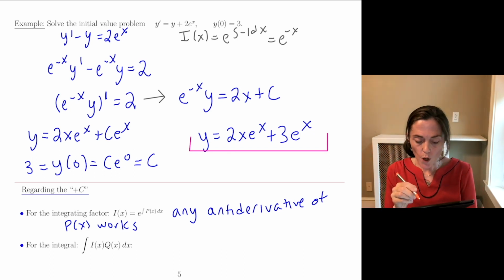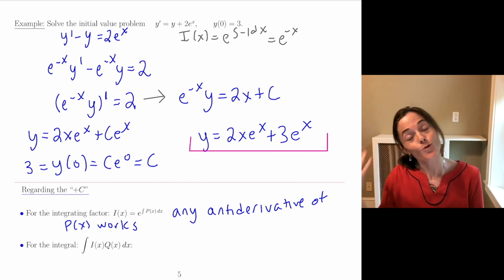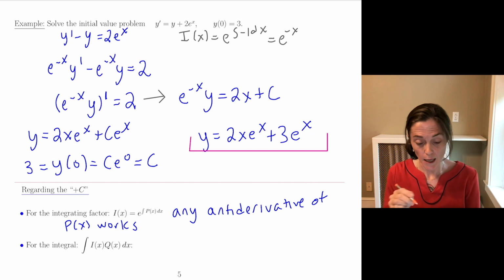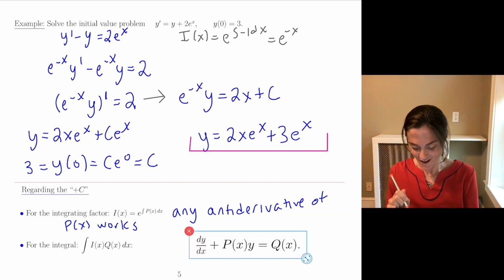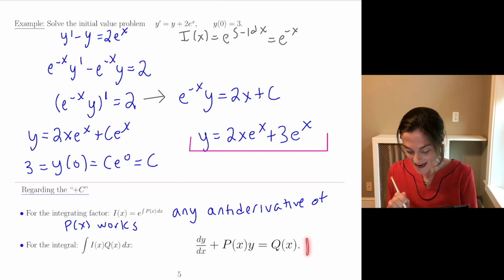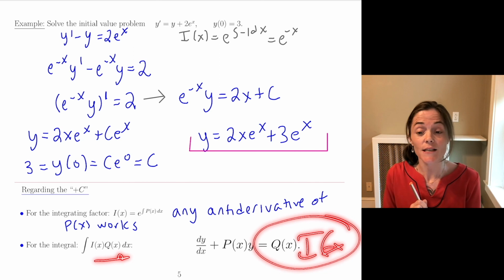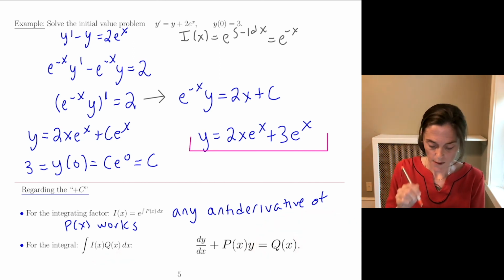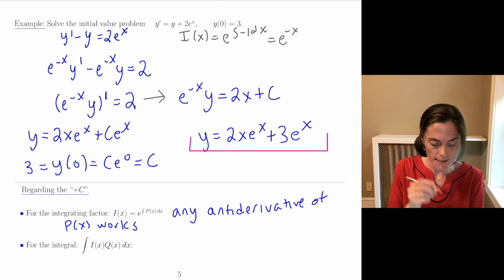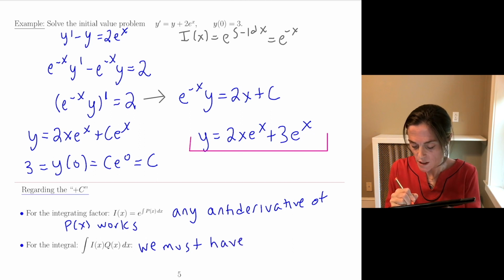But when you go to integrate, once you multiply the right-hand side, this q of x, by the integrating factor, you're going to be integrating I of x times q of x. The c is fundamental. Okay, so we absolutely must have the plus c. We must have a constant of integration.